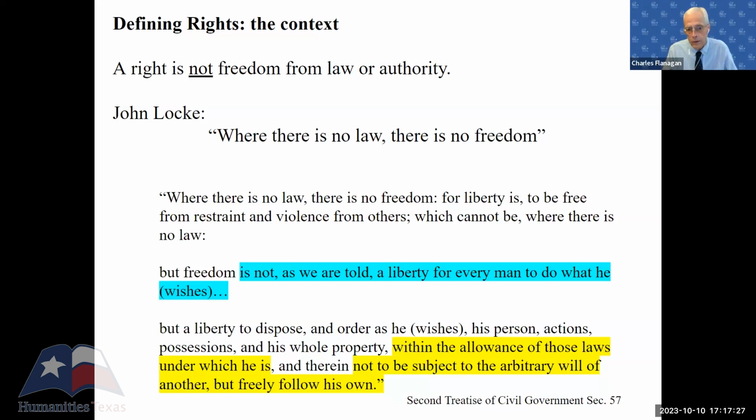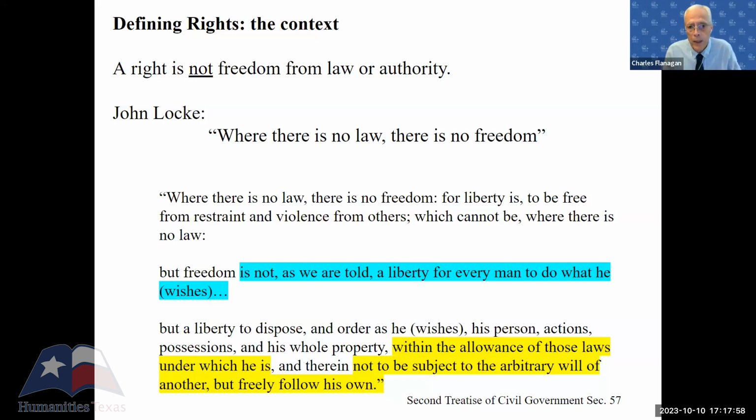freely follow his own. So you can see that this idea of liberty and freedom can only take place within the context of a civil society based on law. And within an ordered society based on the rule of law, a person can make choices within the network of laws in which they live, and that set of choices equals freedom.